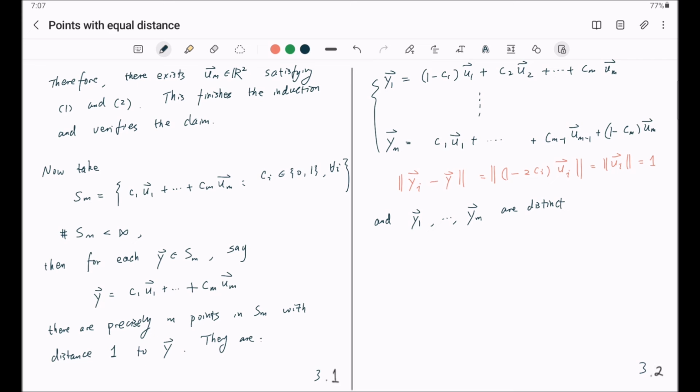Why are they distinct? They are distinct because, say, if you look at the difference between y1 and y2, because C1 and C2 are either 0 or 1, the length of this is either the length of U1 minus U2 or the length of U1 plus U2.